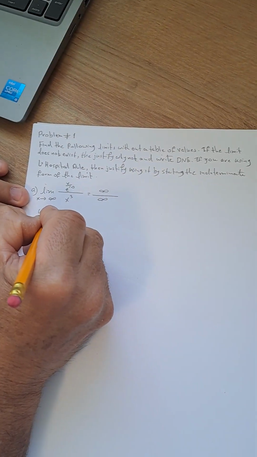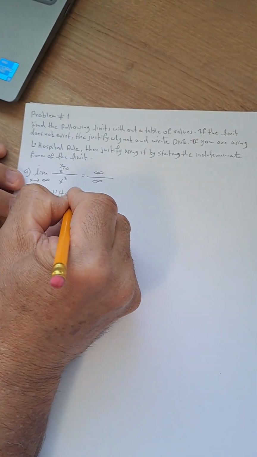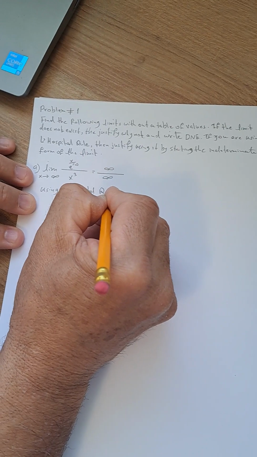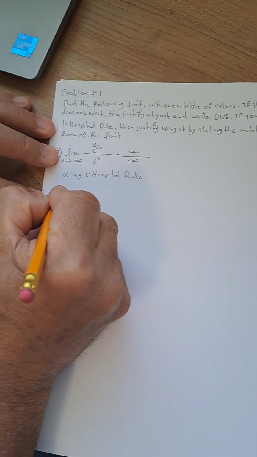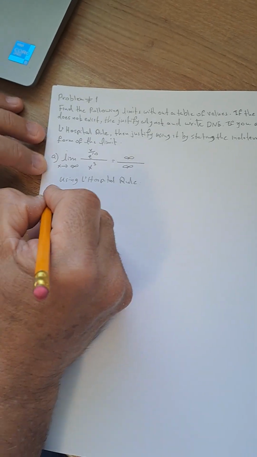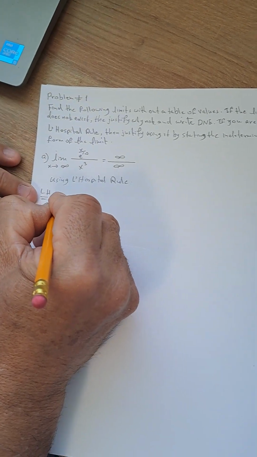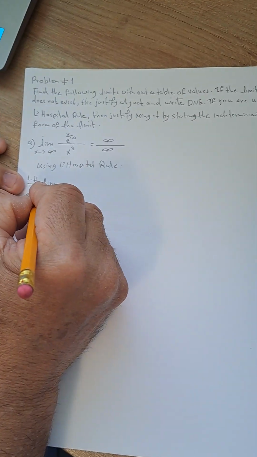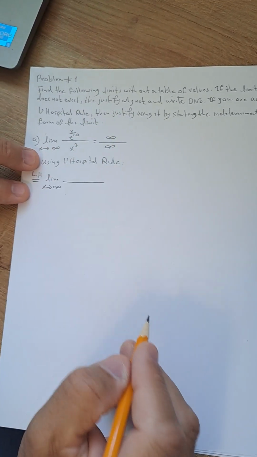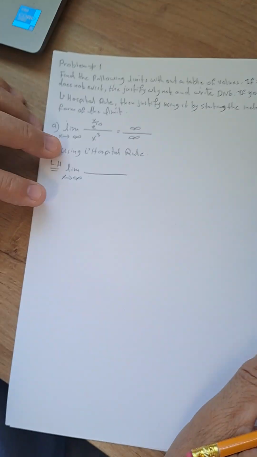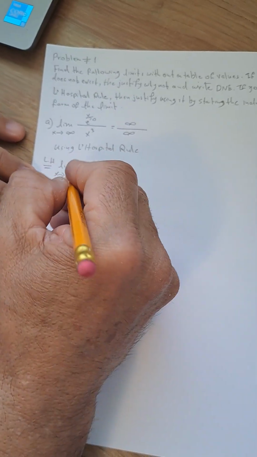So using L'Hopital's rule, this will be equal to the limit as x approaches infinity. We will take the derivative of the numerator and denominator as the rule states.